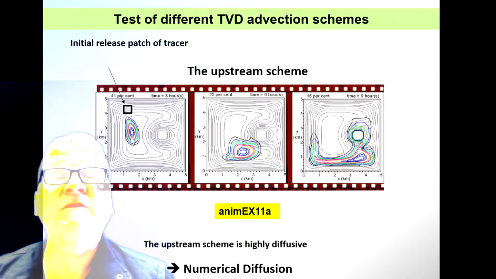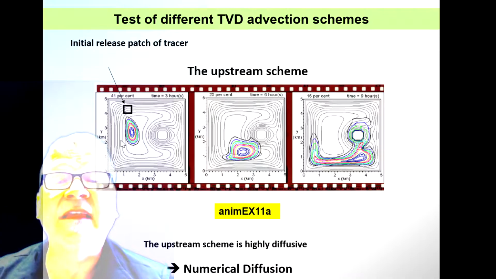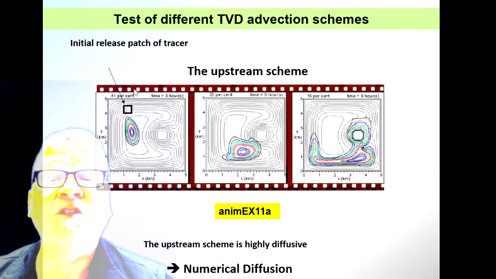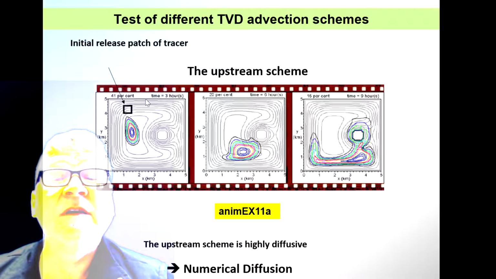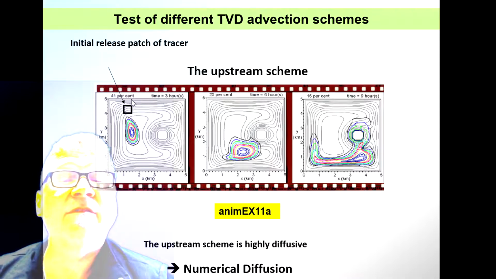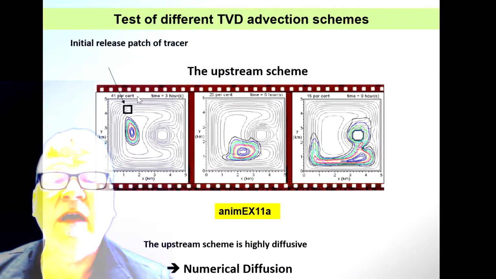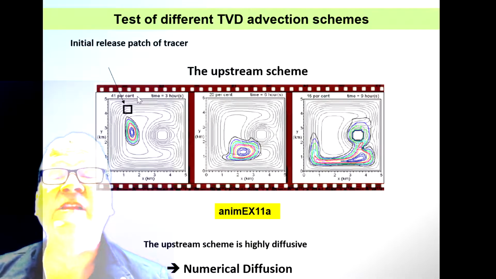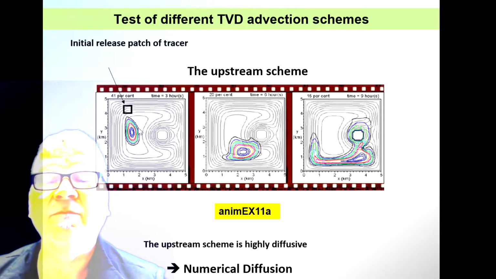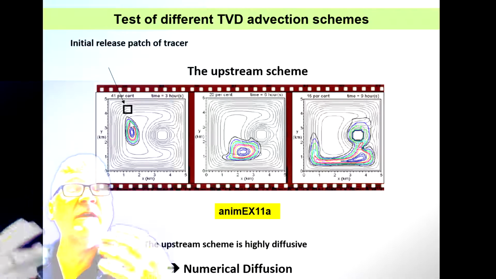The concentration in the center is given here at the top, and it says 41%. So the initial concentration, which was 100%, after 3 hours already dropped to 41%. And then you can see what happens afterward.